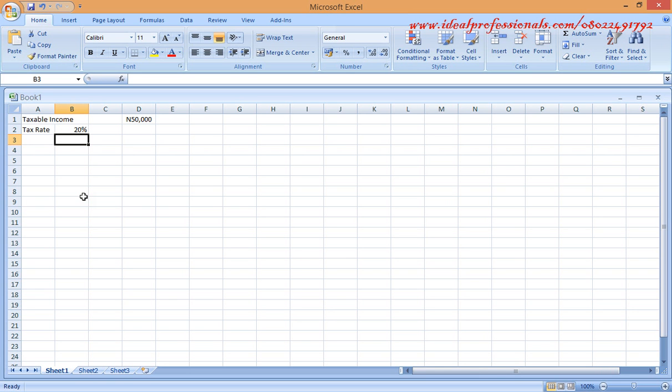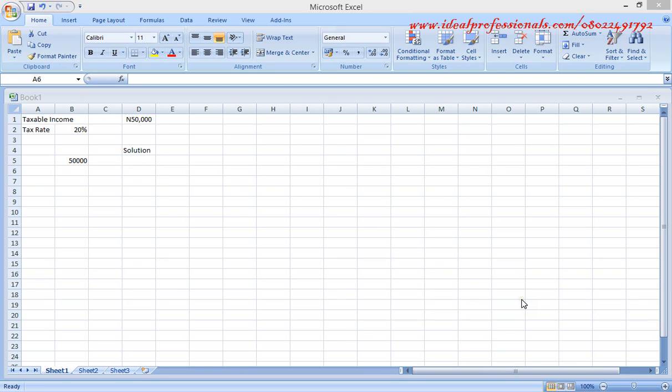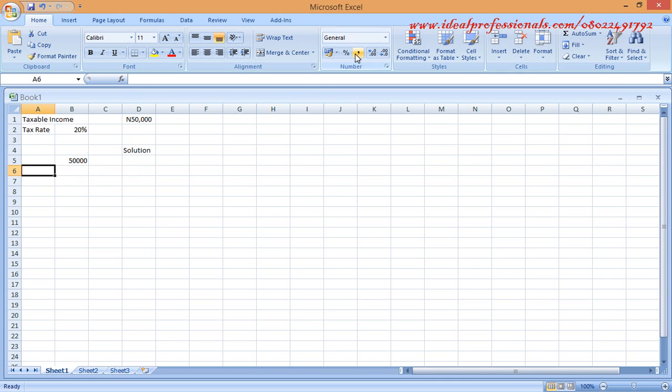Now, to do this, we know that to get our after-tax income for last year, we can say solution. Our taxable income, we can put it here, 50,000. Then we have 20% of 50,000.